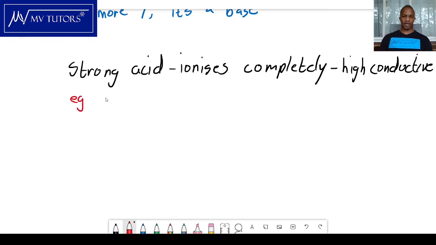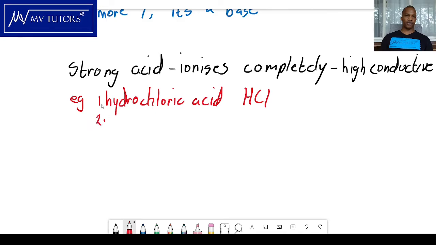I'm just going to give you three examples that we know. Number one is hydrochloric acid, which is like the strongest. It's HCl. Number two, we have sulfuric acid, and that one is H2SO4.